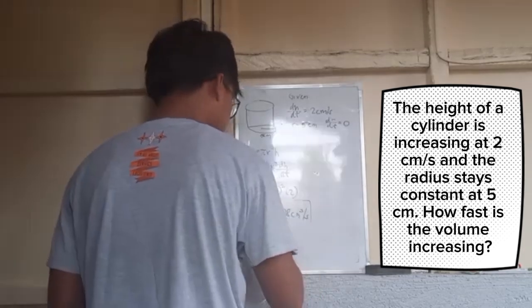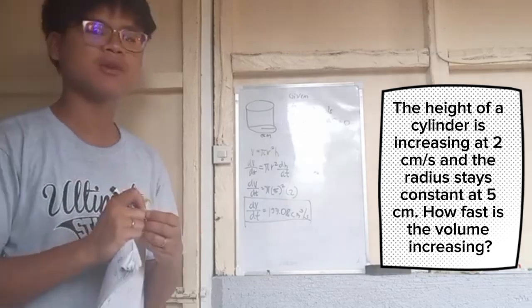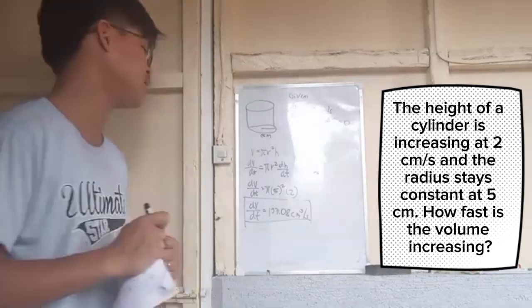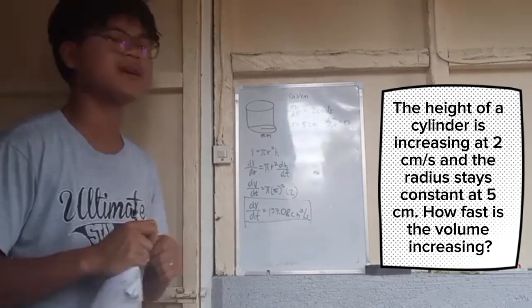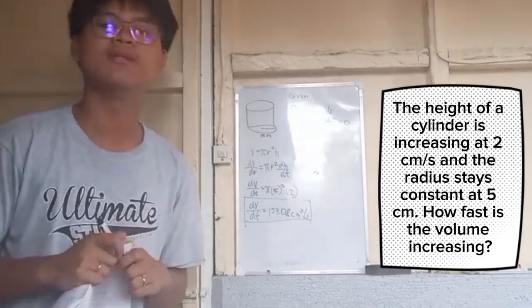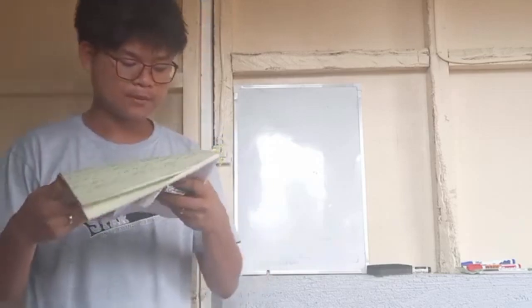So now we have the final answer of the rate of the volume of the cylinder as 157.08 centimeters cubed per second. So we'll proceed to the next problem.